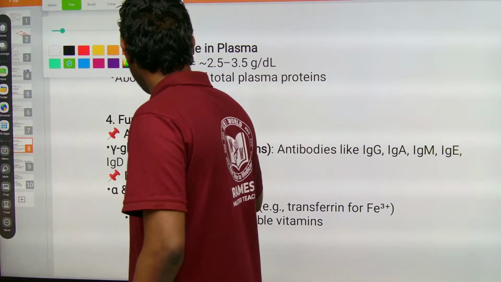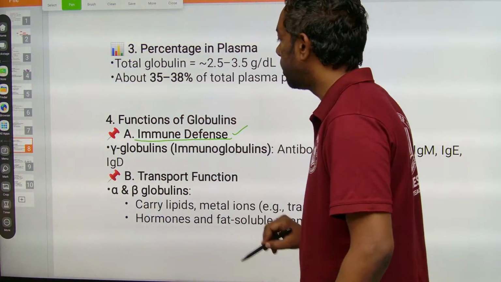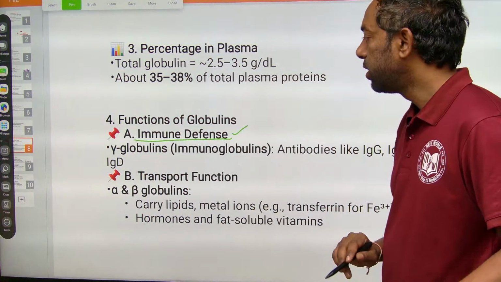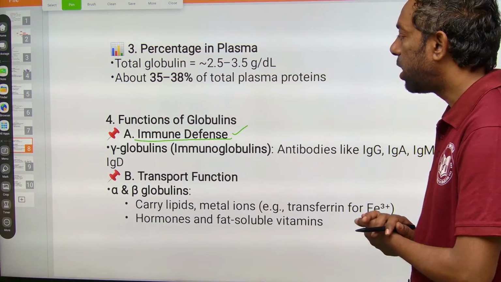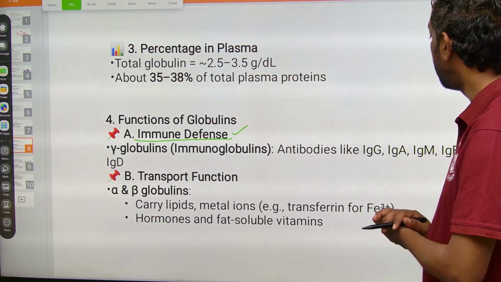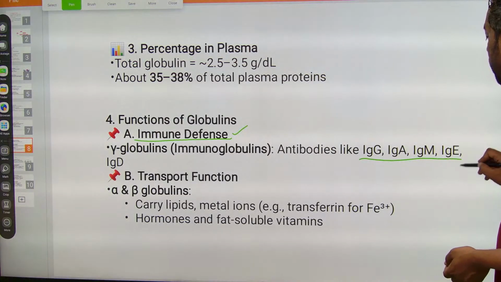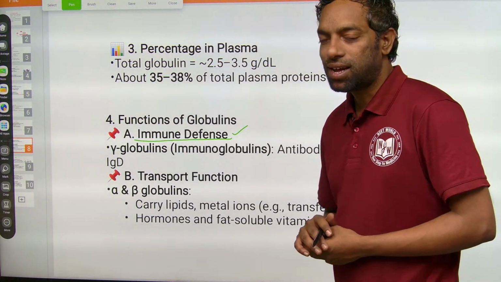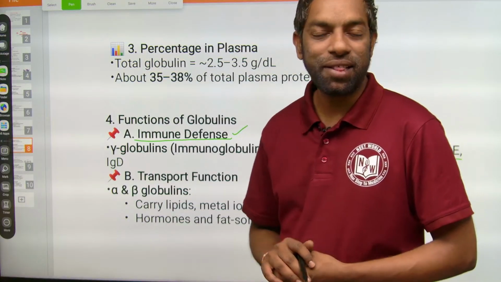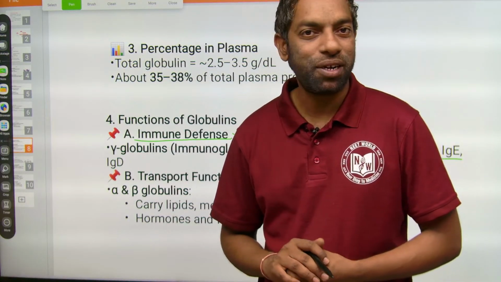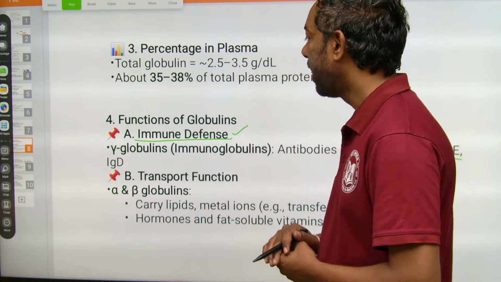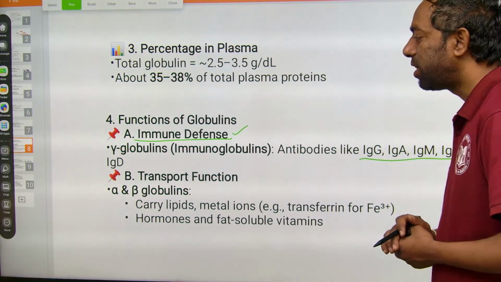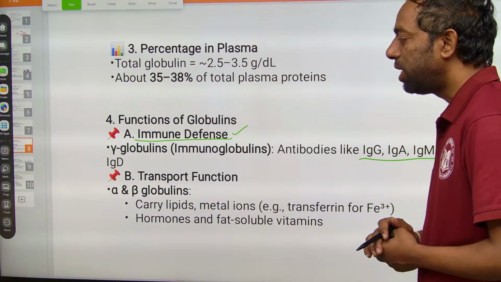Gamma globulins are immunoglobulins, antibodies like IgA, IgG, IgM, IgE and IgD. These gamma globulins are there in the plasma, which is most important for the defense mechanism of the body. And for transport, that is the alpha and beta globulins.